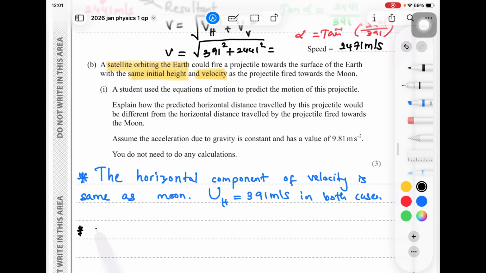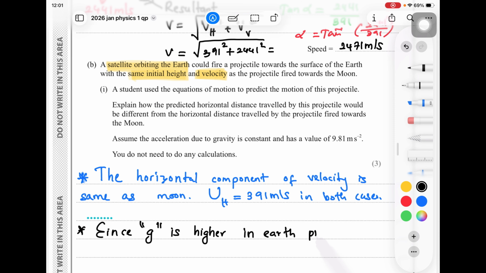Okay, another one is, we know on Earth, since the gravitational acceleration g is higher on Earth, what would happen is, since it's higher, the projectile accelerates downwards much faster.